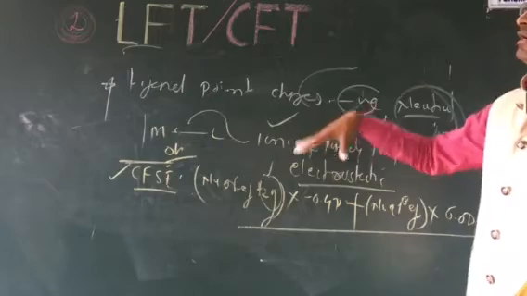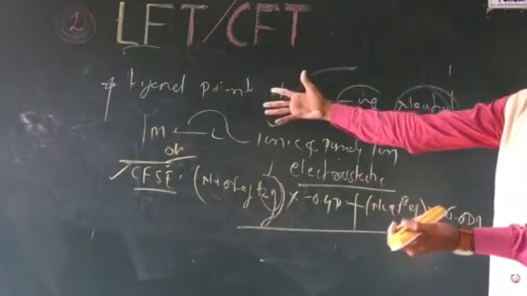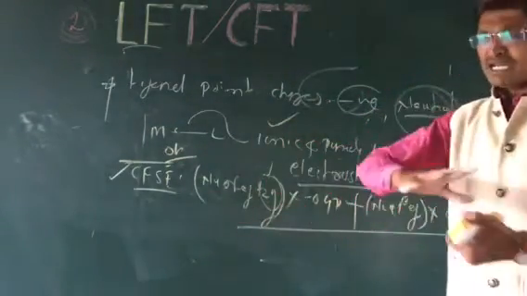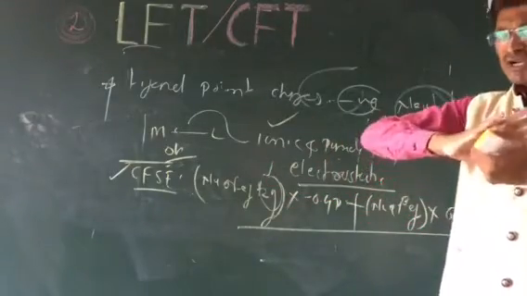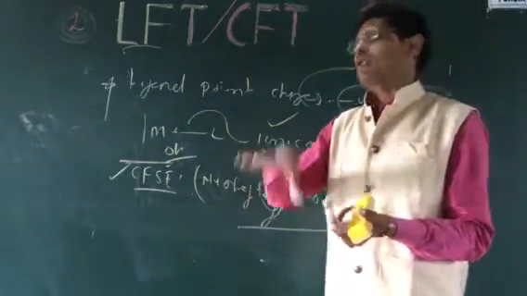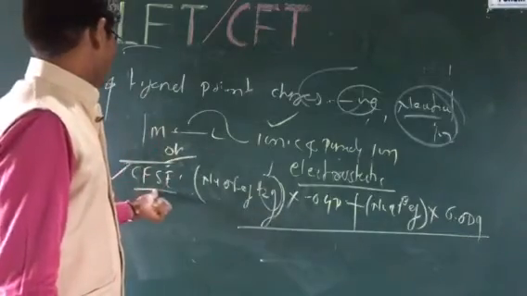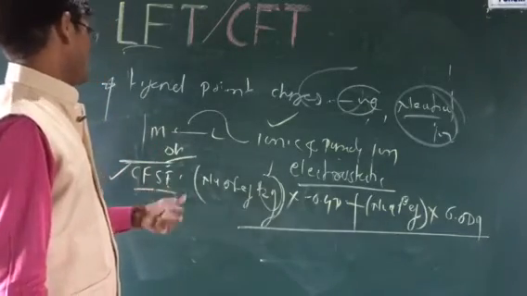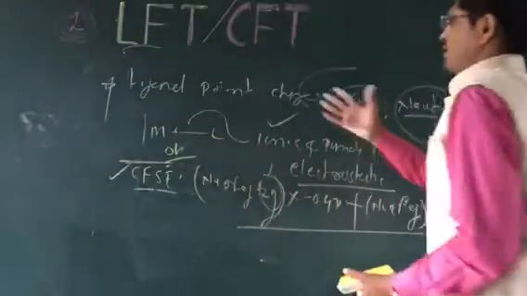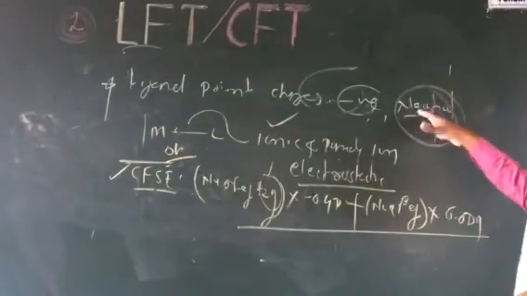Again, it explains how ligands approach the central metal atom, the splitting pattern for octahedral, tetrahedral as well as square planar complexes. There are different energy levels and different splitting patterns for each. In CFT, it explains how to calculate the crystal field stabilization energy, and that ligands act as point charges, negative as well as neutral species.